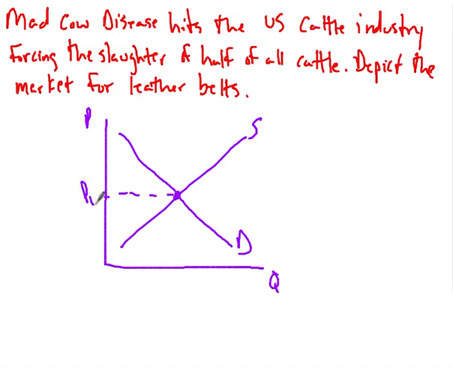If we're looking at leather belts, and they have to slaughter the cows, I'm going to make the assumption that they can still use the hides of the cows for leather. That may be completely wrong, but it seems like a reasonable assumption. So if they're slaughtering half the cows, that means there's a big increase in hides that are available.